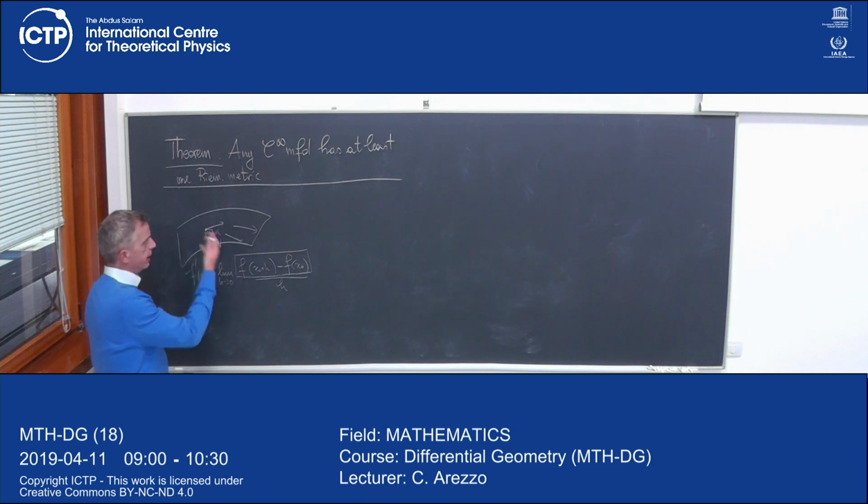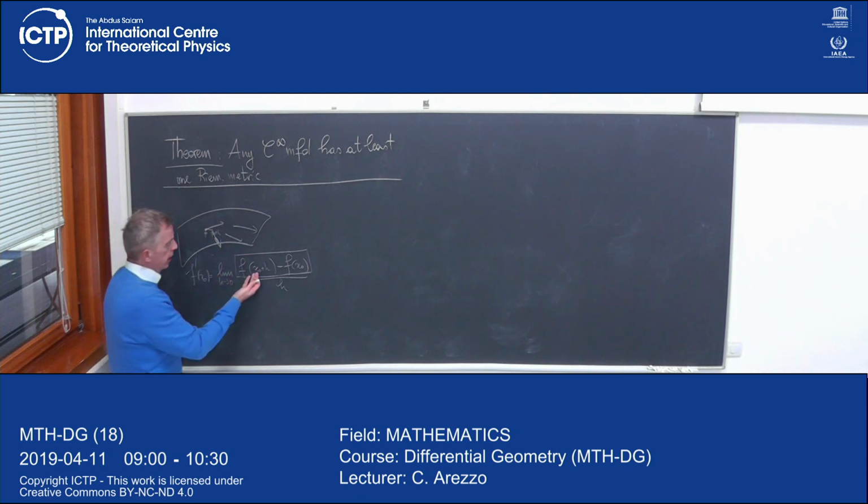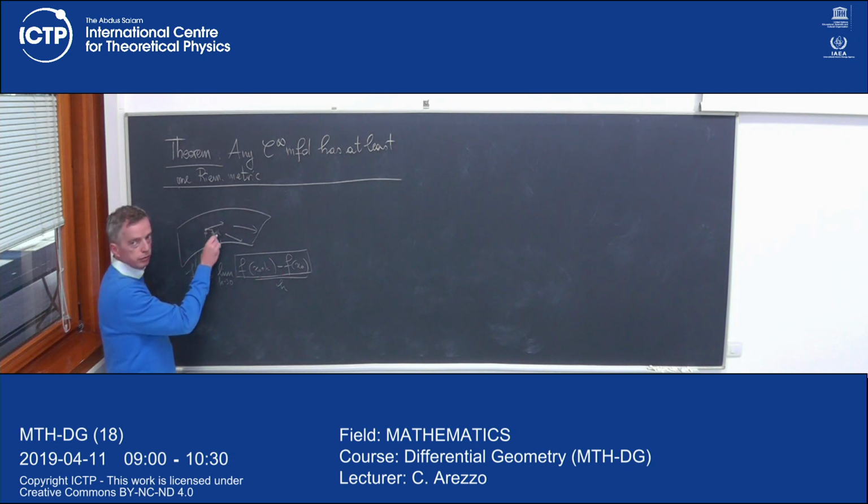But now that's exactly game over. Now we are on a differentiable manifold. If I want to define the derivative of a vector field in one direction, in which sense do I say that this vector has changed between the point P and the point Q?